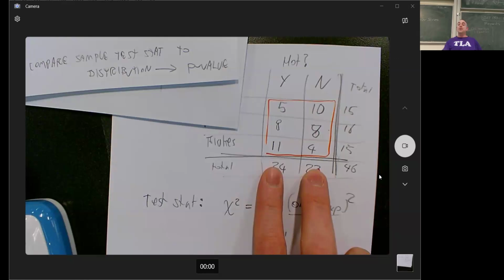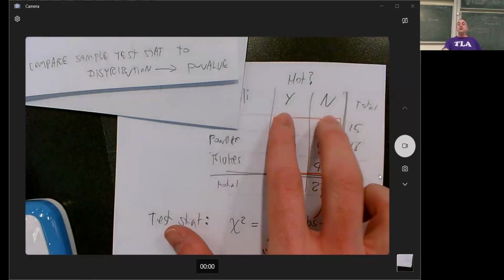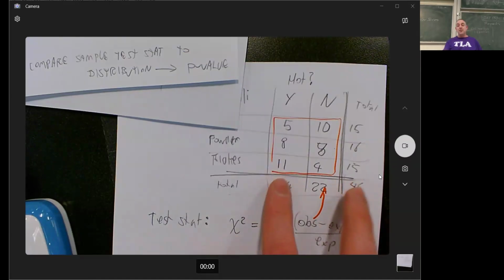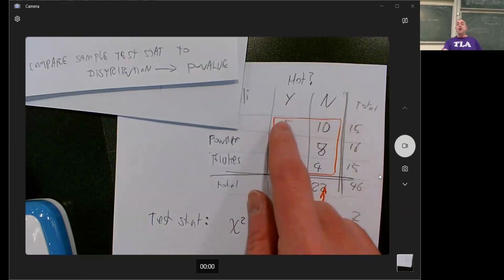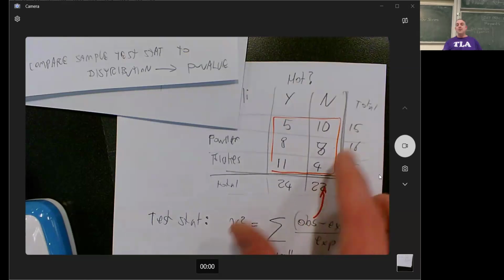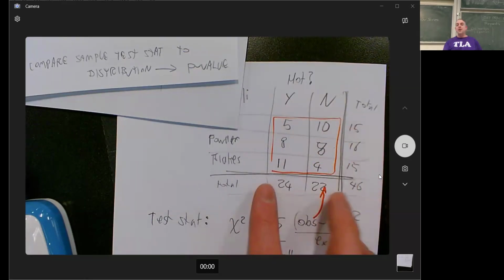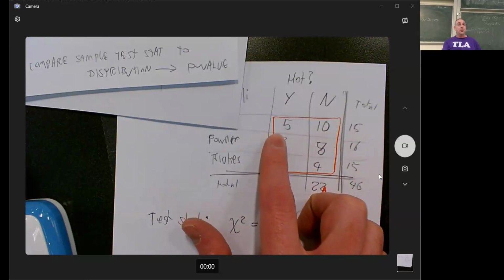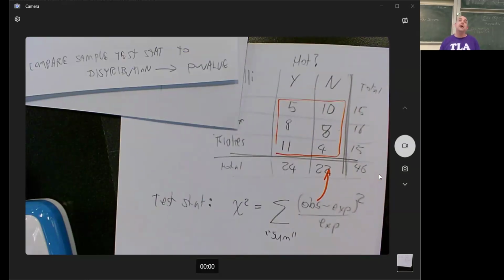Because if chili doesn't make a difference, the percentage of yes, no should always be the same. And so what I'm going to do is figure out what percentage this is of 15, and that's what I would have expected to be here. What percentage of this is this out of 15, and that's what should have been here. What percentage of this percentage here out of 16, that's what goes in that spot. And so that's how you calculate it.